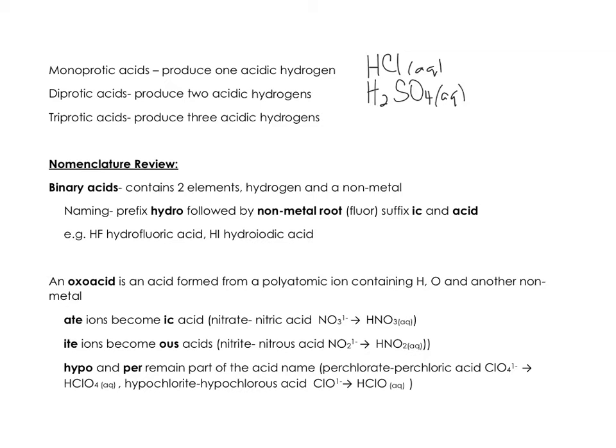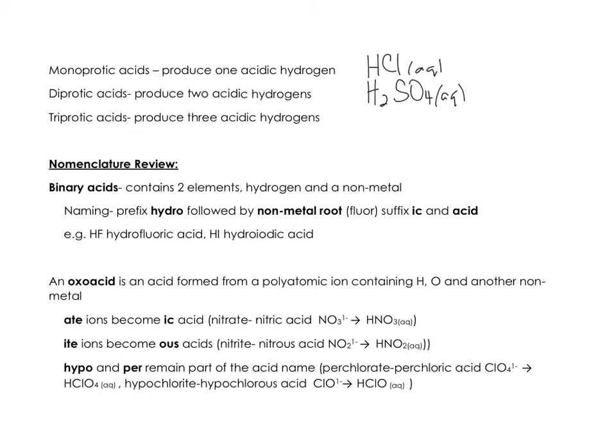And the strength of each step becomes weaker and weaker. While sulfuric acid, H2SO4, is a strong acid, HSO4- is not. So the conjugate base of sulfuric acid can act as an acid, but it is a weaker acid.